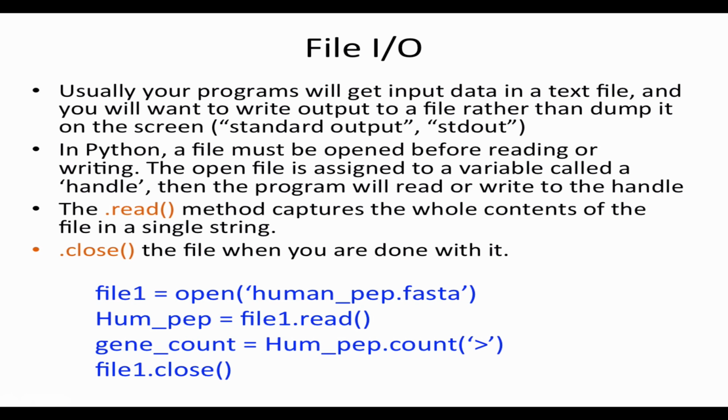The open file is assigned to a variable, which the Python programming team likes to call a handle, or sometimes a file handle. It's still just a variable name that is used as a pointer to the file. But there are some special rules about a file handle, which is why it deserves a special name.